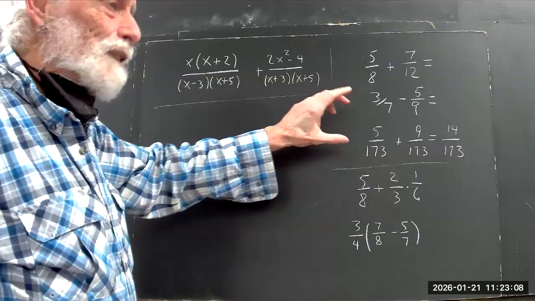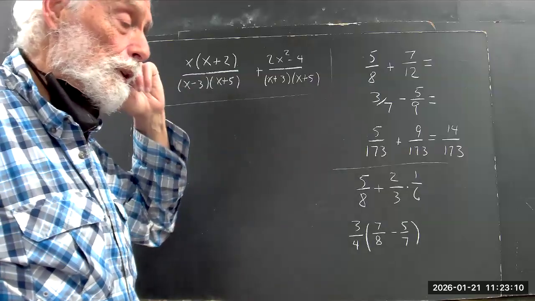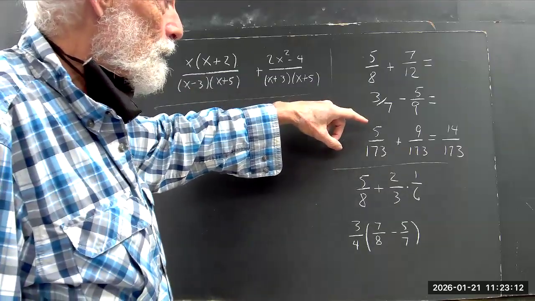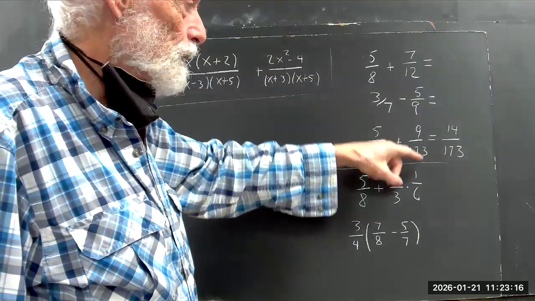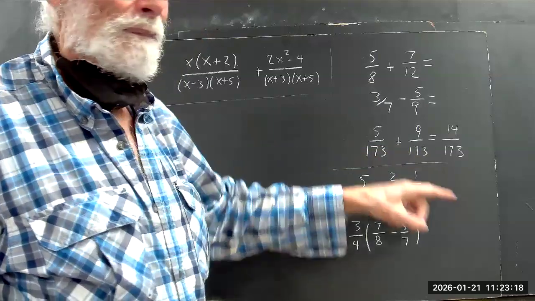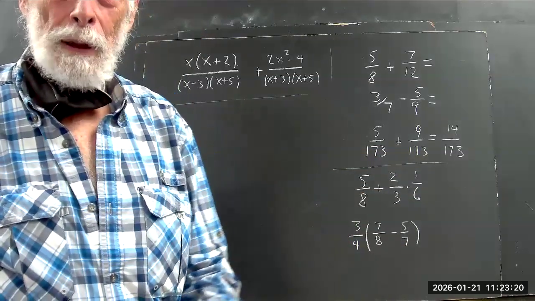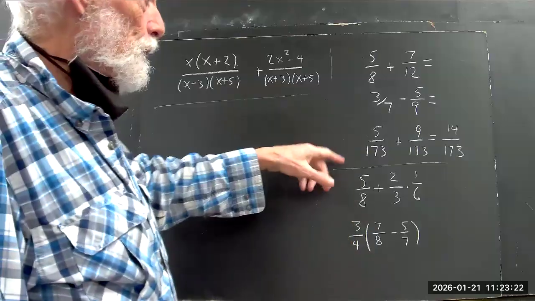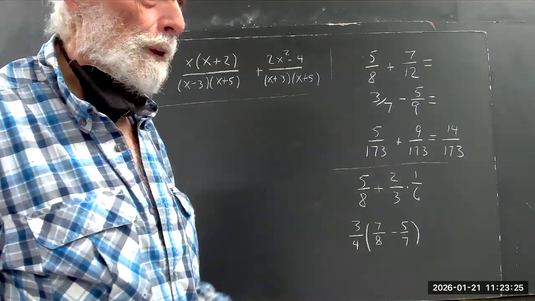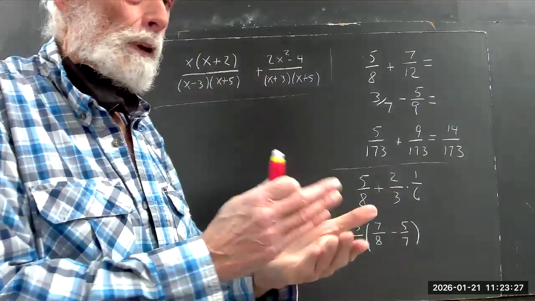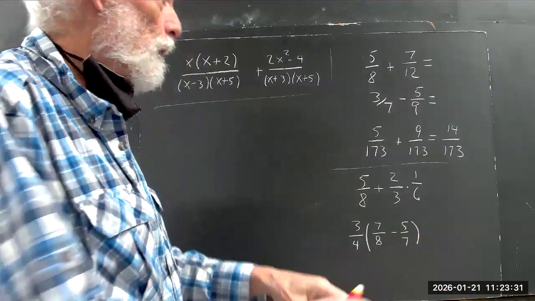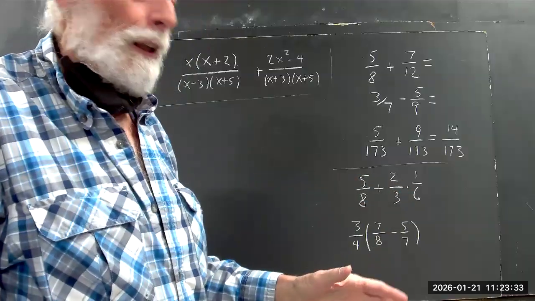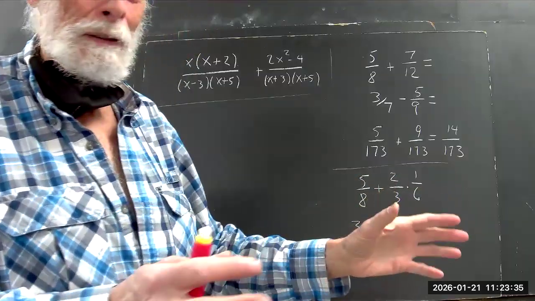Okay, let's go back to the math now. We started with, I could read it, 5/173 plus 9/173. Two fractions needed to be added. Each of these fractions has the same denominator, so you can imagine cutting something into 173 pieces, putting 5 of them over here and 9 of them over there, and then asking how many of them do I have?